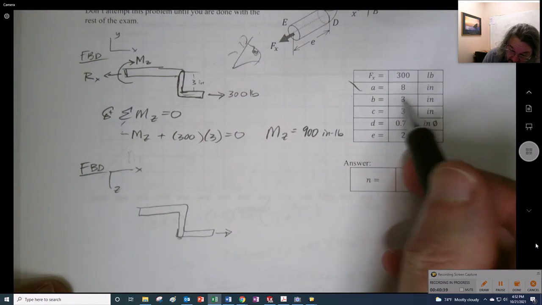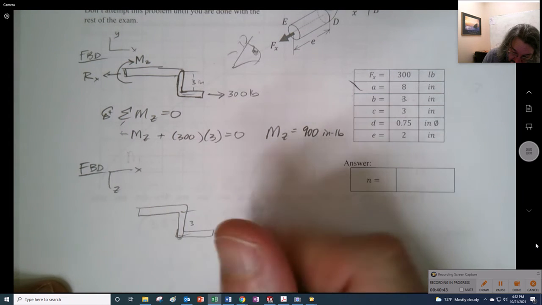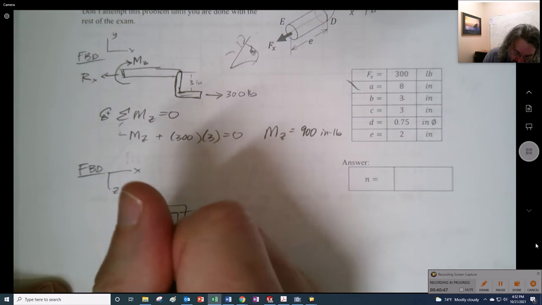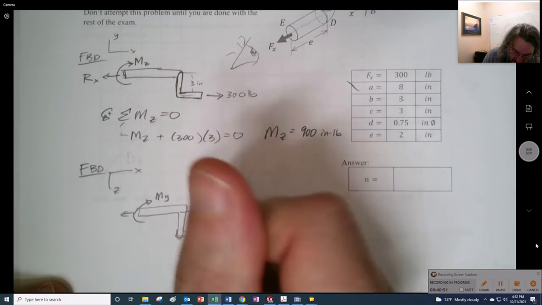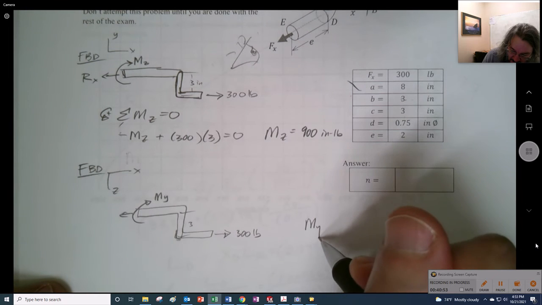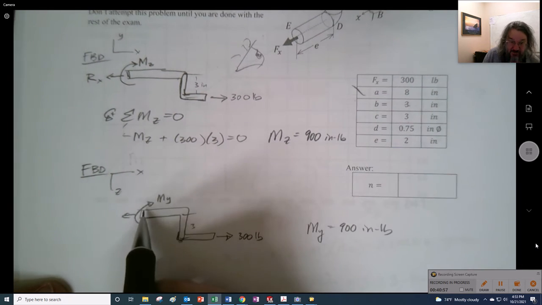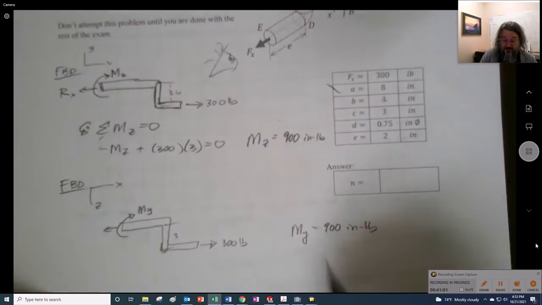Because B is equal to the same thing, F3, and there's 300 pounds, we could probably skip through there and say the MY is also going to be 900 inch-pounds. So it's bending here from both of those things.